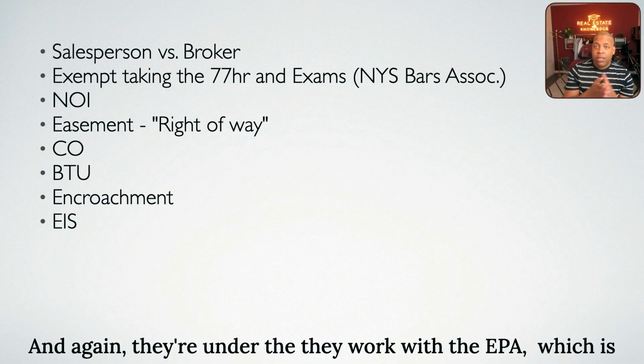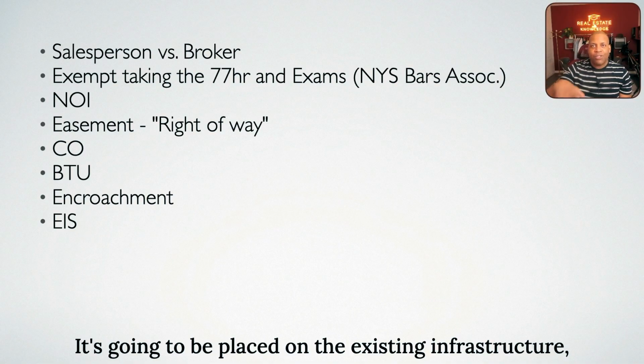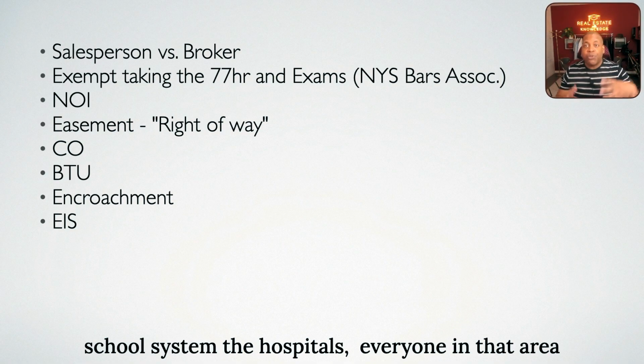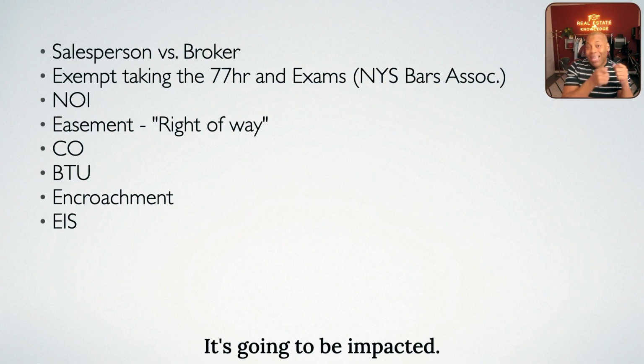And again, they work with the EPA, which is the federal agency, right? They need to determine how much stress is going to be placed on the existing infrastructure, right? Sewage, like I said before, transportation, the school system, the hospitals, right? Everyone in that area, in that circumference near that project, is going to be impacted.